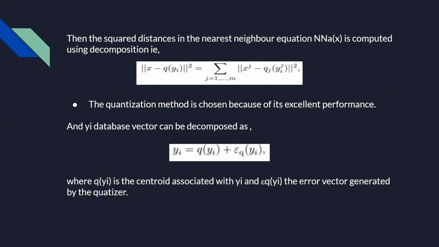The quantization method is chosen because of its excellent performance, but also because it represents the indexation of vector approximation. A database vector VI can also be decomposed as the following formula, where Q of VI is the center associated with the VI and the error vector generated by the quantizer.